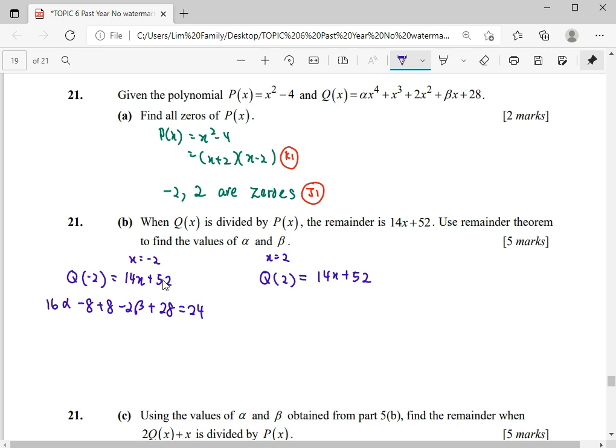So I simplify this equation. Okay, I will leave it like this.